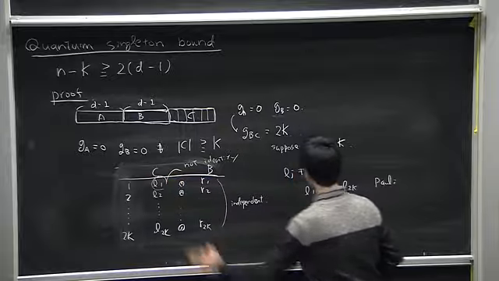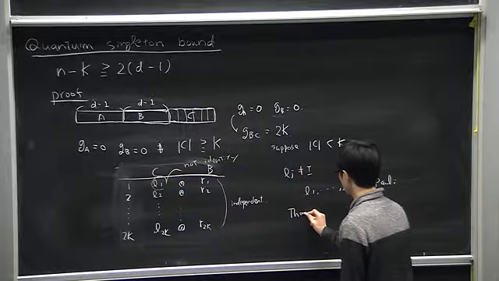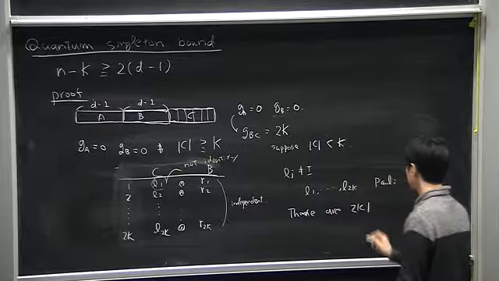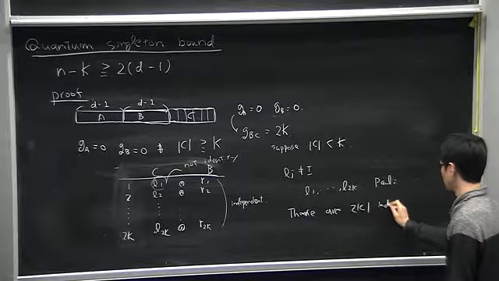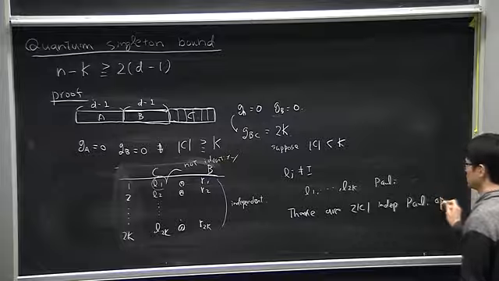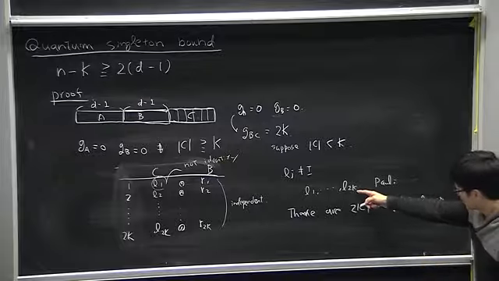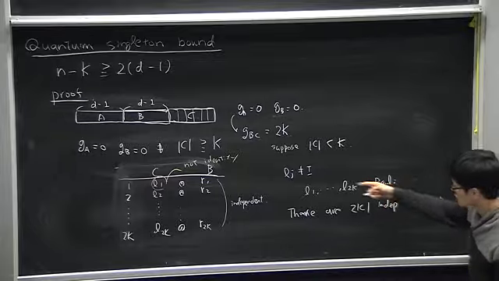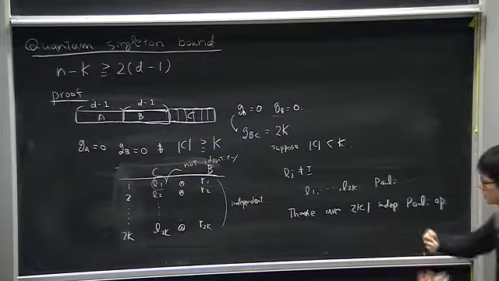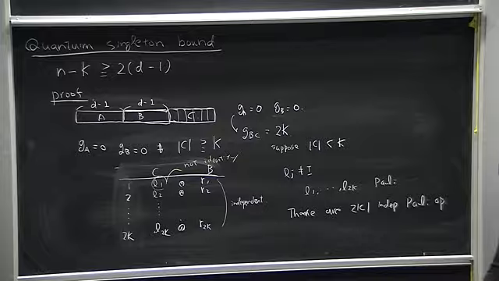This is a region C. So there are only 2|C| independent Pauli operators. But I have 2K Pauli operators which are not identity. This means that by combining them nicely, I can generate an identity operator.